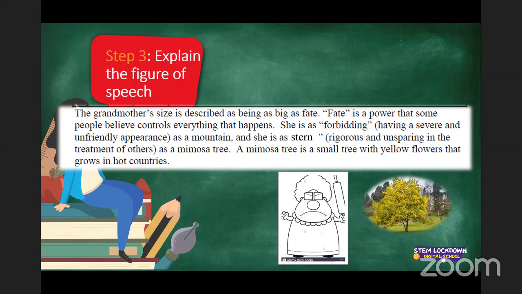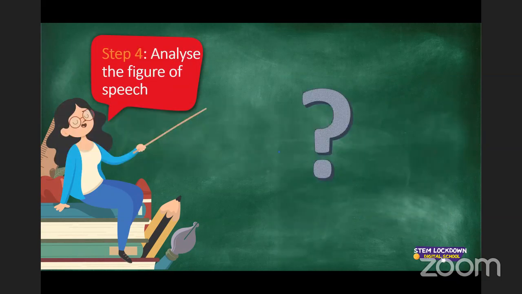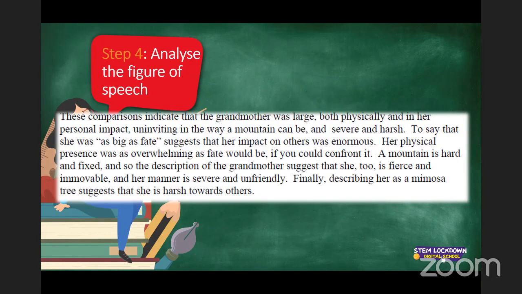Okay, so it might be a bit tricky to explain and analyze, so just pay attention to the differences. If we analyze it, you'll see the comparisons indicate that the grandmother was large, both physically and in her personal impact.